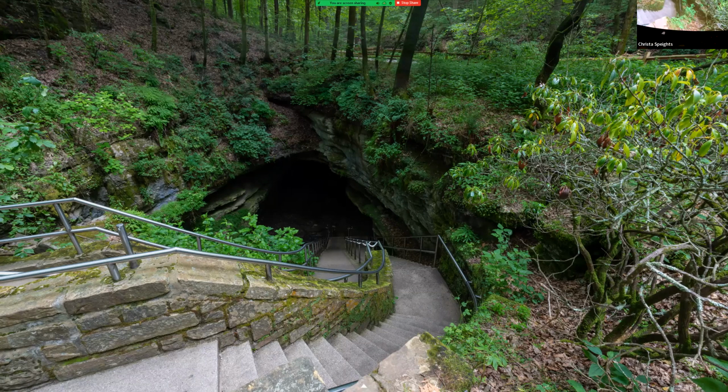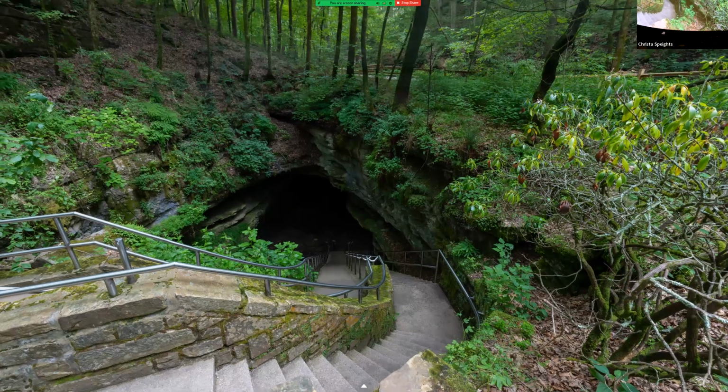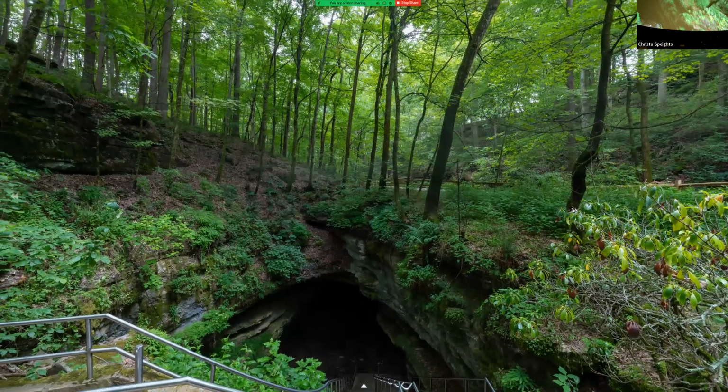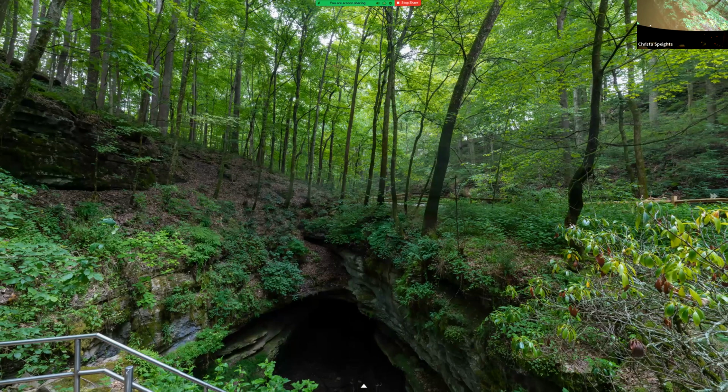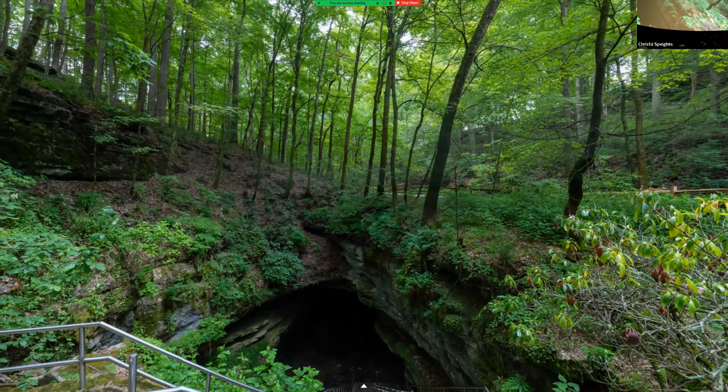So try to imagine, maybe if we scroll up a little bit, imagine this without the stairs, just kind of a rocky, rugged climb down into the cave. Those people explored miles and miles of the Mammoth Cave system through here and through another entrance several miles to the east.